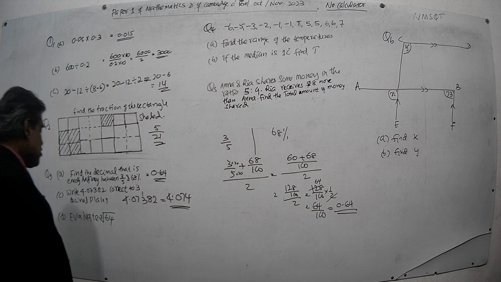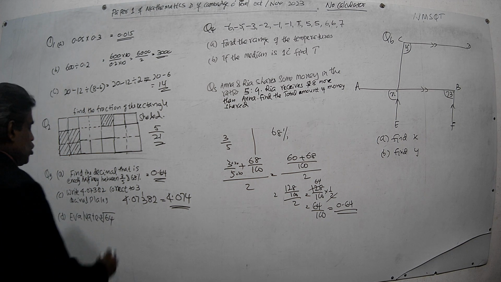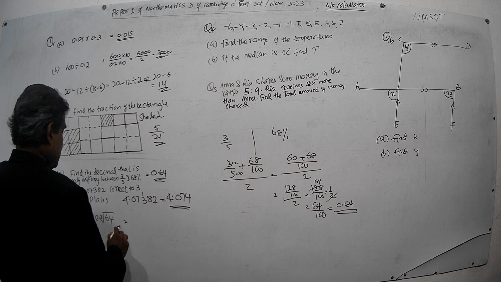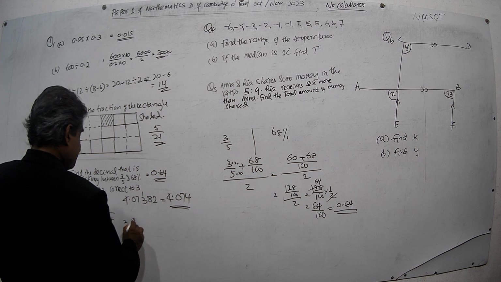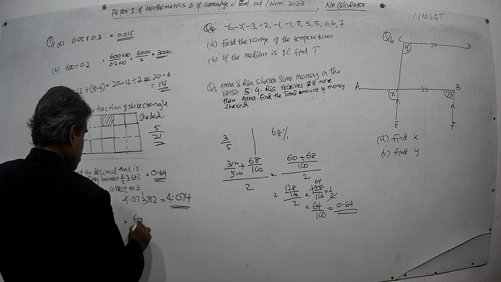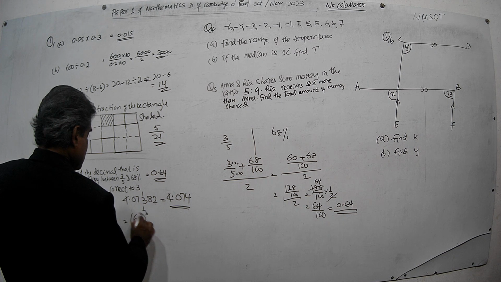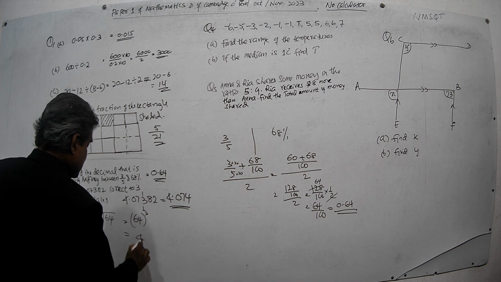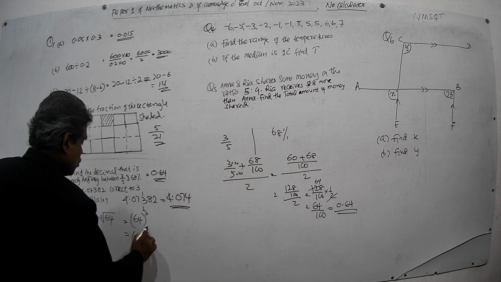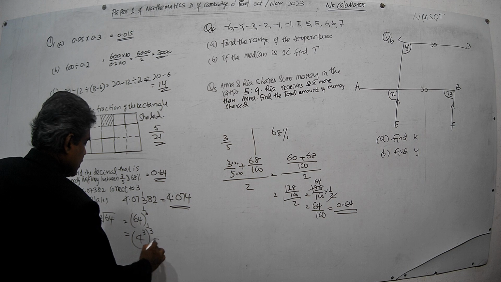Right. Evaluate the cube root of 64. Here, the cube root of 64. This we can write as 64 to the power 1/3. Then we can write this 64 as 4 to the power 3, then to the power 1/3.